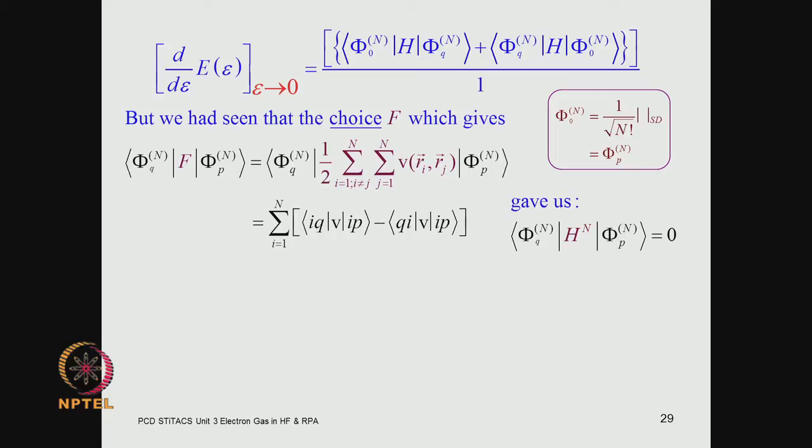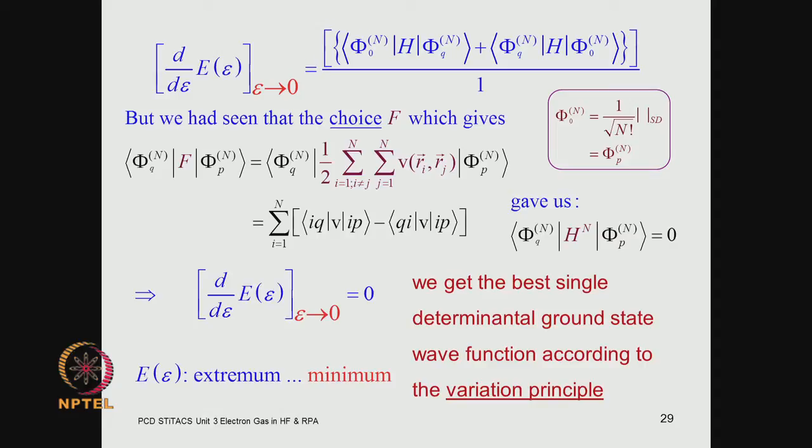So, this result we already have, and what essentially we get is that the energy functional has a minimum. It must have a minimum, because its variation with respect to epsilon vanishes in the limit epsilon going to 0. That is what gives you the best wave function, which is essentially the heart of the principle of the self consistent field. Why? Because we have invoked the frozen orbital approximation.